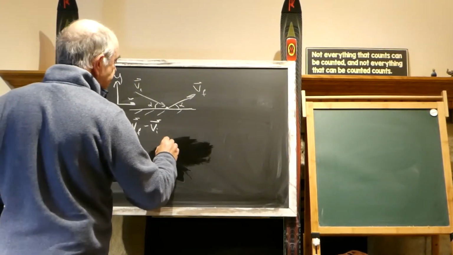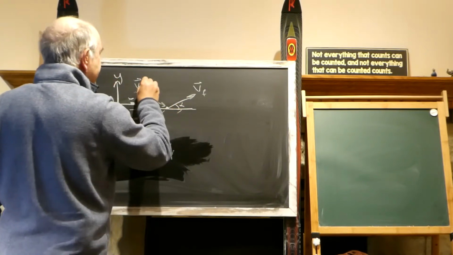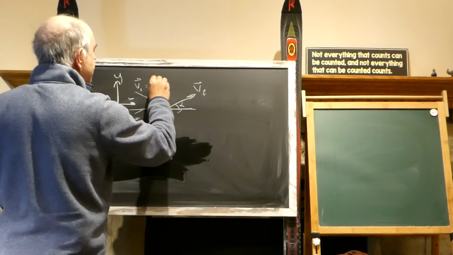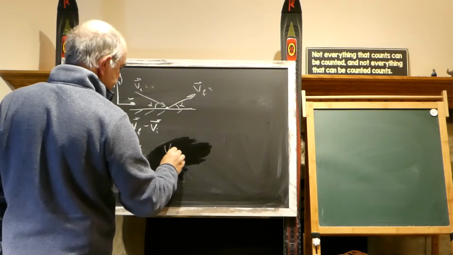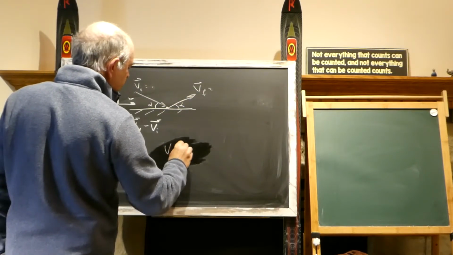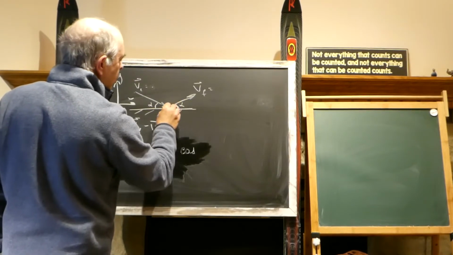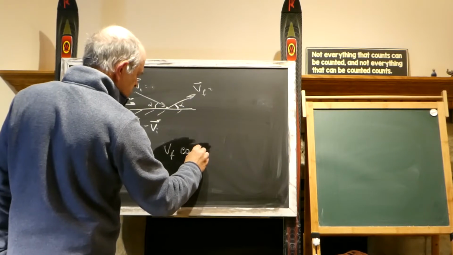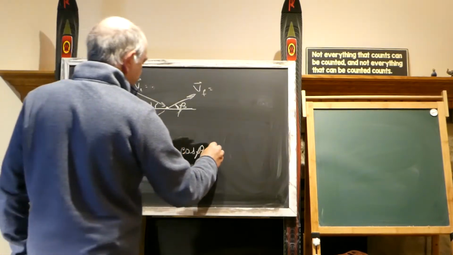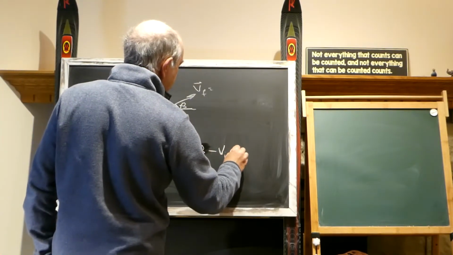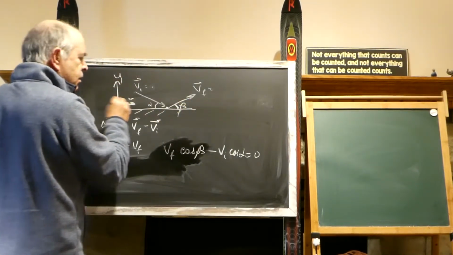I will say that v initial and v final are the same. There is no energy loss, so the same in terms of length of the vectors. So v final cosine, let's call it beta, cosine beta, minus v initial cosine alpha, and this is 0 because nothing changes in this direction.